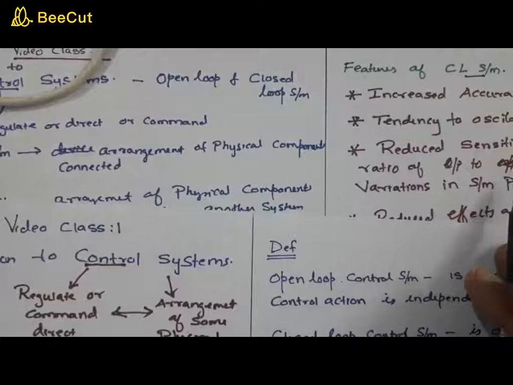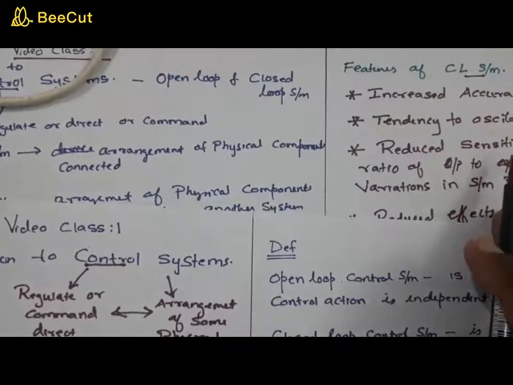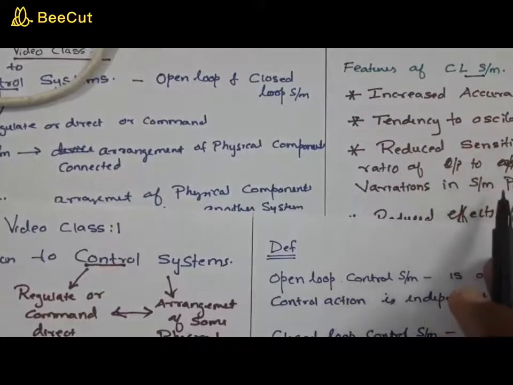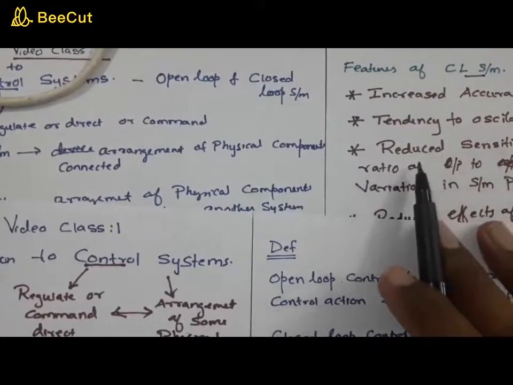For example, in electronic circuits, the temperature inside can increase, and because of the temperature increase there can be a change in the output. So the sensitivity of the output to these types of system parameters gets reduced. That's an advantage.